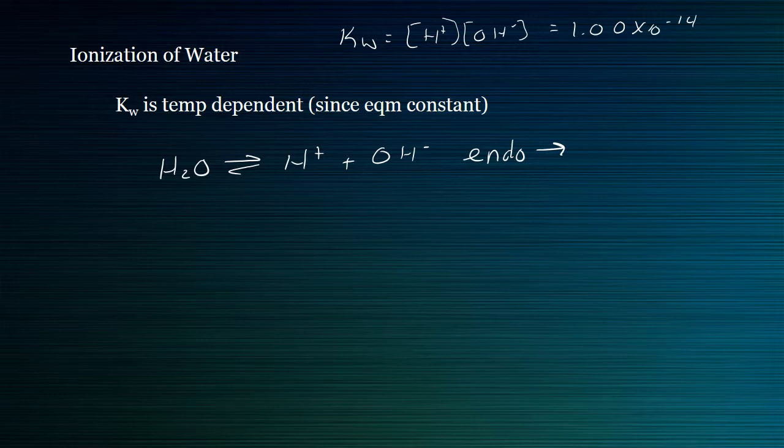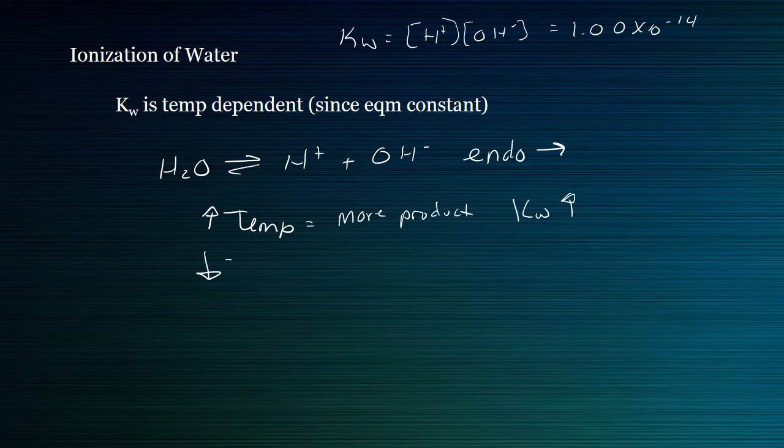Kw value. So if we increase the temperature, increasing temperature favors the endothermic process, and in this instance, that is the forward reaction. So that means we are going to make more product, and that means your Kw is going to increase in value.